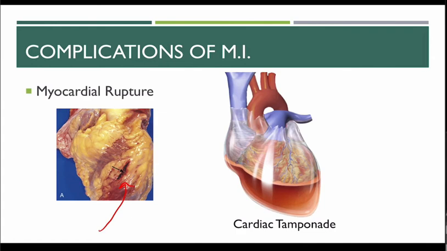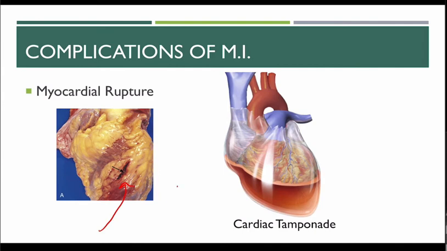The dead muscle, when you have the infarction, it causes cell death. The dead muscle has to be removed, and it has to be replaced with collagen and scar tissue. At around 5 to 7 days after the myocardial infarction, it's going to be at the weakest point because the scar isn't yet mature. So the scar is going to be weak, but the cells are being taken away. And that's the point of the greatest risk of myocardial rupture.